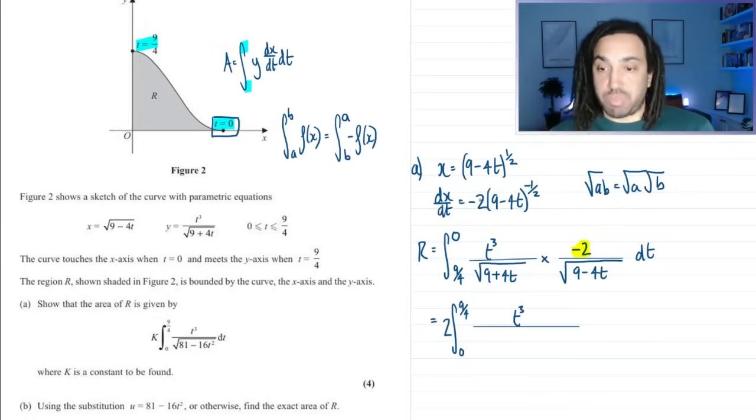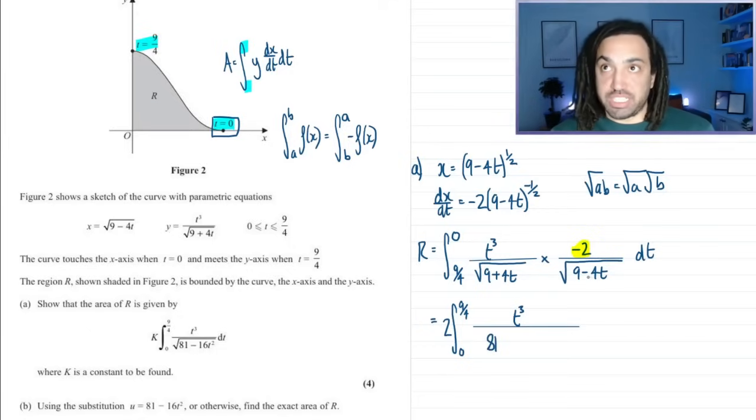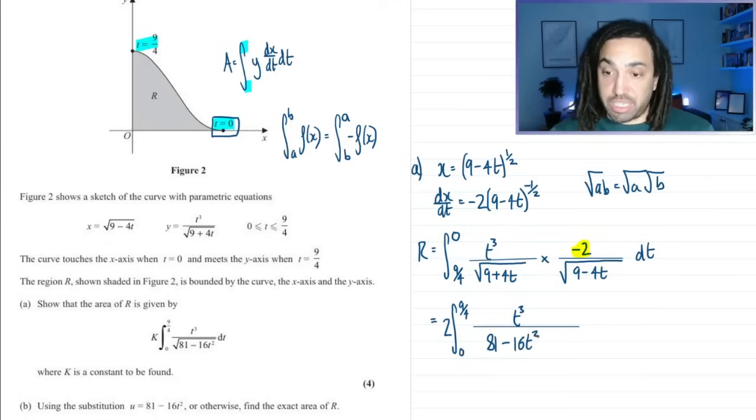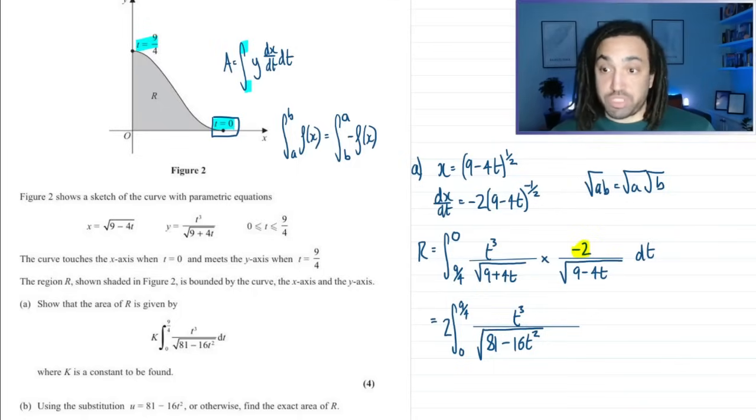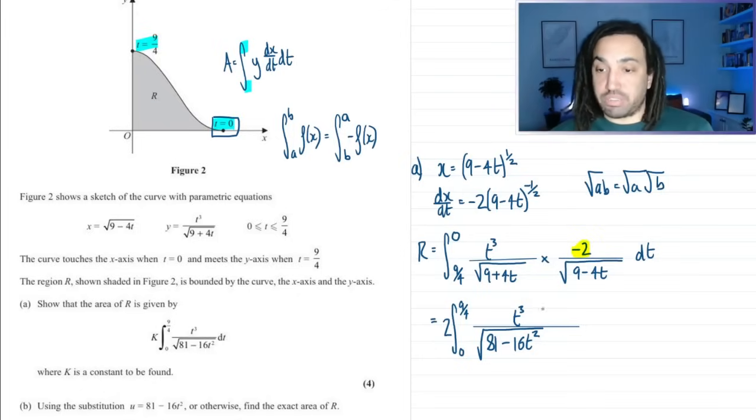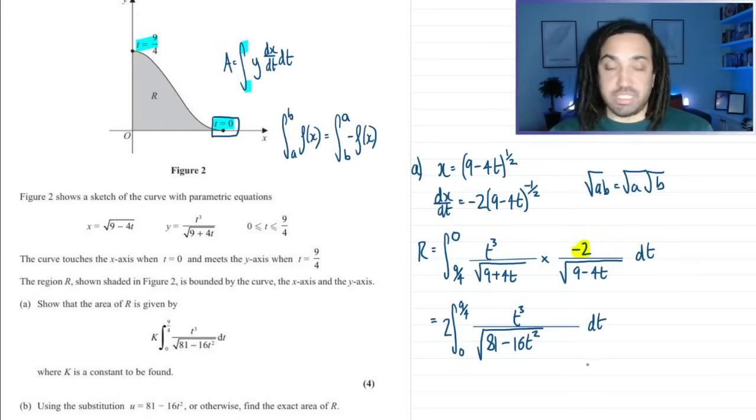So when we multiply these brackets, we get 9 times 9 is 81. We get 9 times minus 4t is minus 36t, and we get 4t times 9, which is plus 36t, so they cancel, but we also get minus 4t times 4t, which is minus 16t squared. But that is all under a square root. Again, this is using this third rule here, that you can combine them like so. And this is then dt.